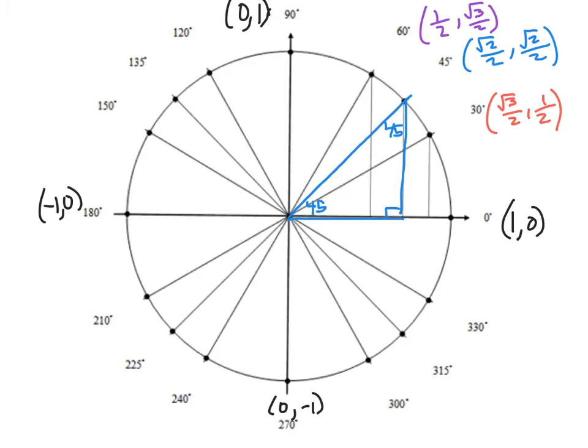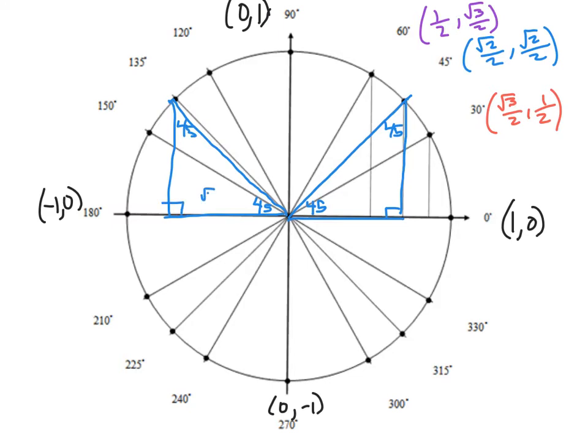So I'm looking for all the terminal sides that are 45 degrees away from the x-axis. So in the second quadrant, I'm referring to this triangle right here. So I'm going to go ahead and draw in that triangle. It also has a reference angle of 45. So this would look like 45, 45, 90 right here.